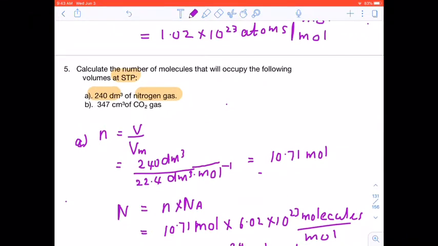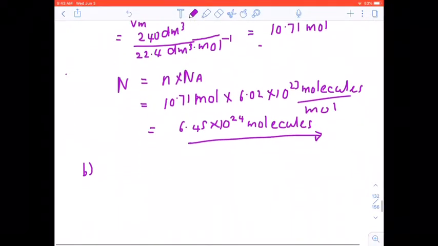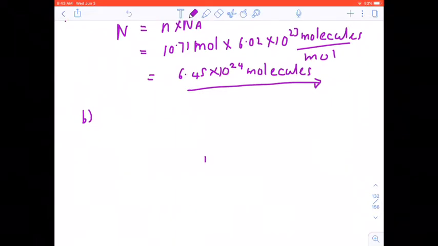Here we need to know 347 cubic centimeters of CO2 gas. How many molecules do we have there? We first need to establish the number of moles, which is V over the molar volume.